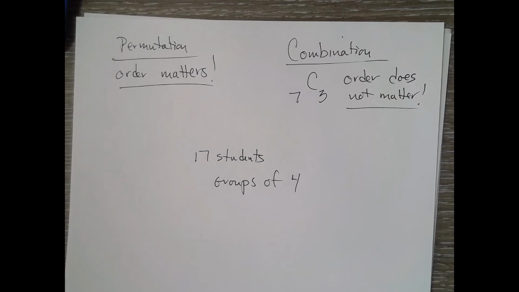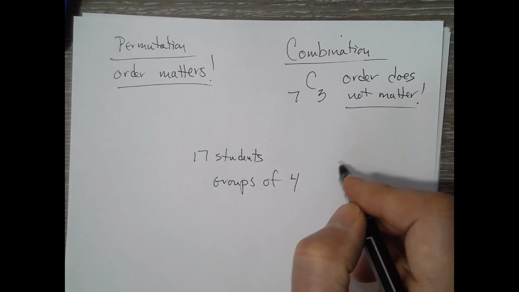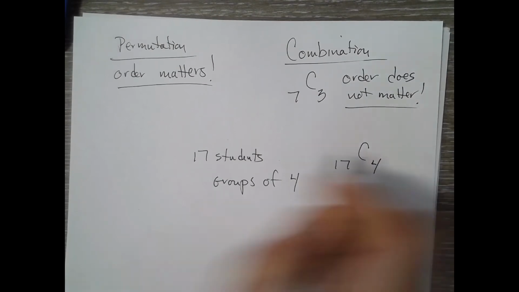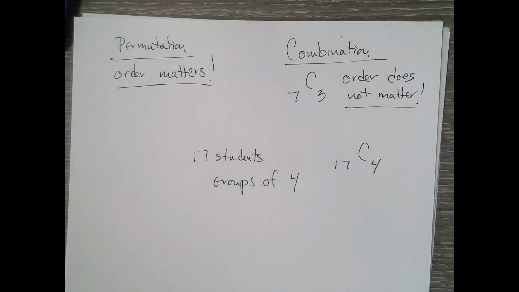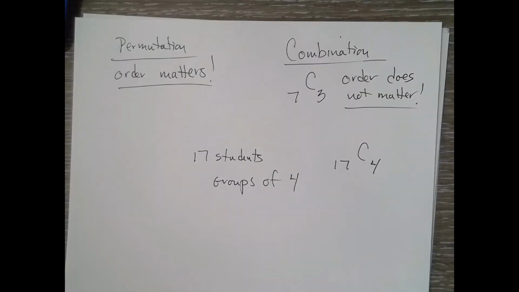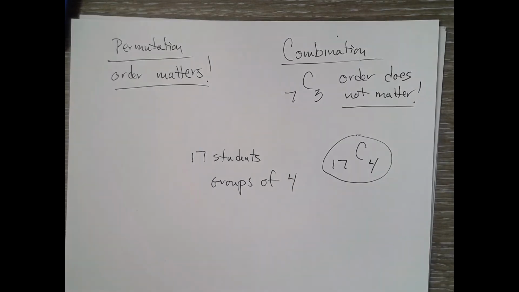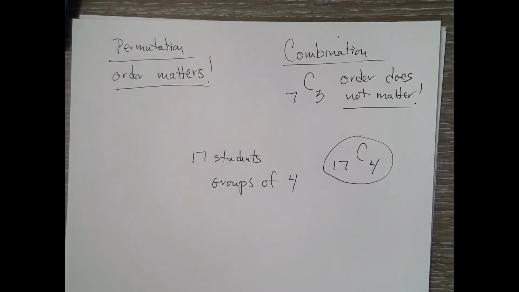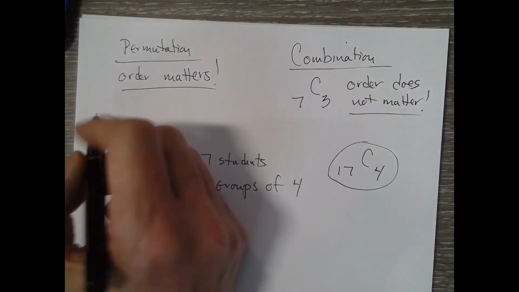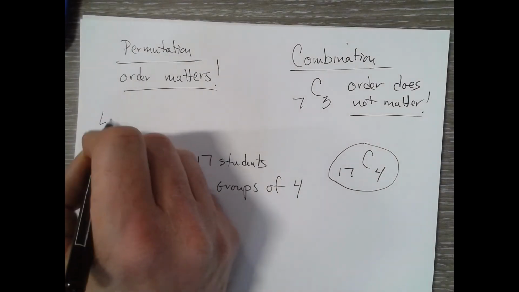It's just a group. Okay, since it's just a group and the order does not matter, that would be a combination. So it would be 17 choose 4. How many groups of 4 can we choose with 17 students? Your calculator tells how many groups of 4 we can choose. Okay, so that's an example of a combination. The order does not matter. A permutation. Let's say I've got a license plate.